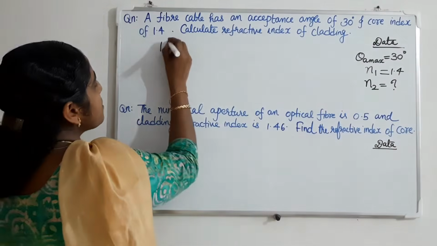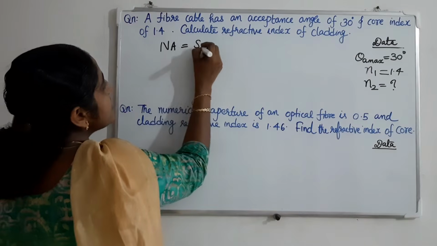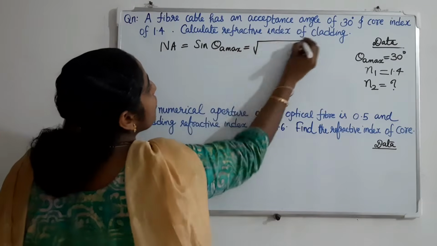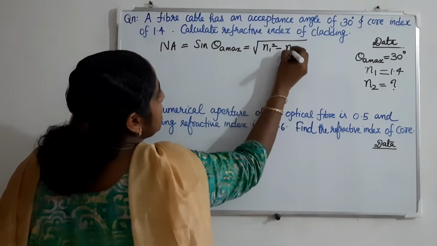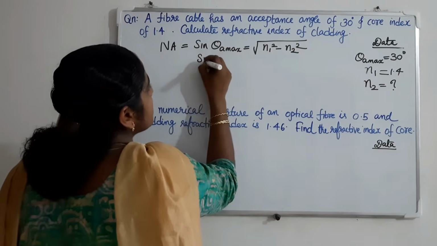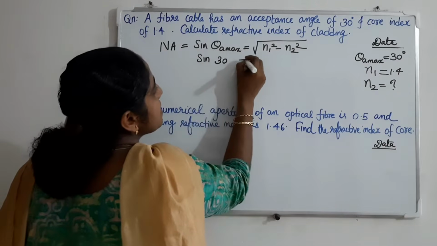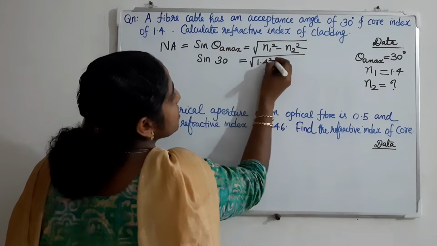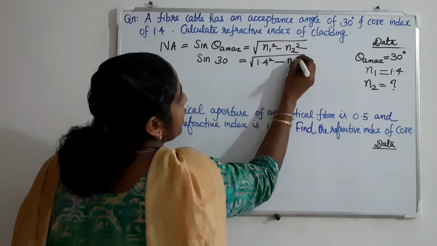So the general expression for numerical aperture is sine theta a max is equal to root of n1 square minus n2 square. So here acceptance angle is given as 30. So sine 30 is equal to root of n1 square, that is 1.4 square minus n2 square.